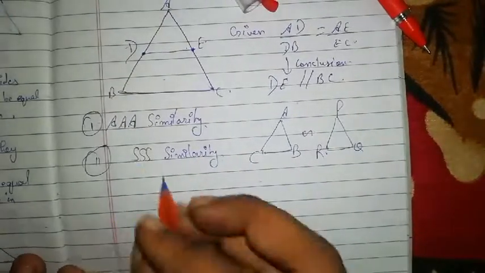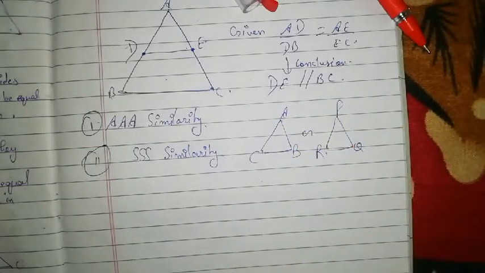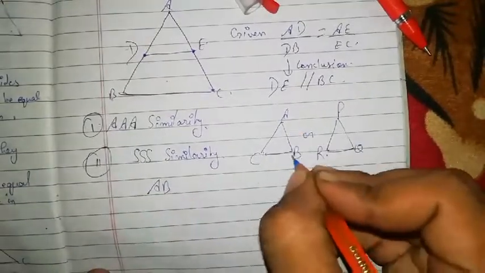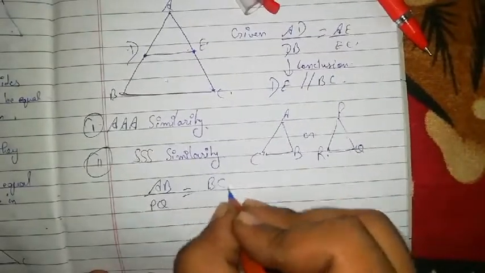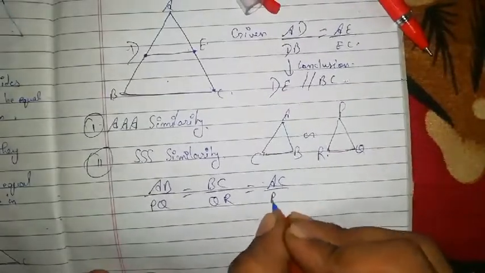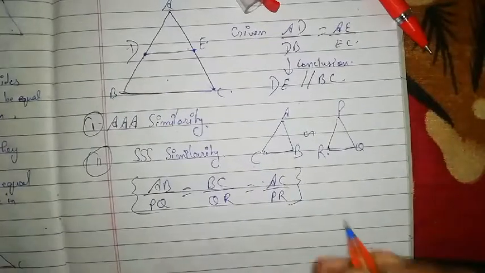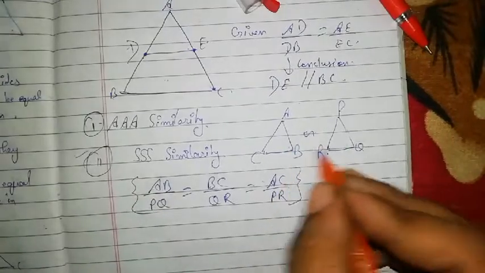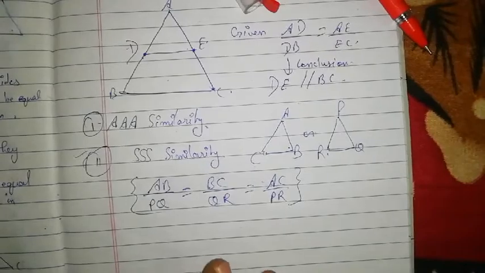It says that AB, this side, upon PQ is equal to BC upon QR is equal to AC upon PR. If they are all in the same proportion, then by side similarity these two triangles are similar to each other. Okay, so this is our second criterion.